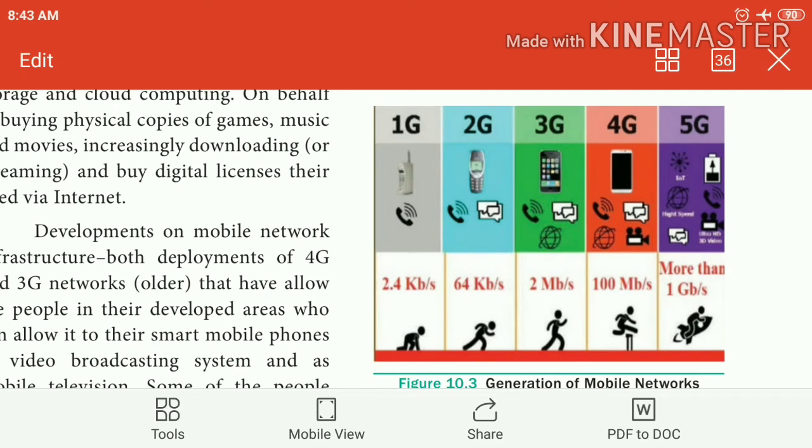So it is very easy to transmit data on a 5G network. Telecom industries are now moving to 5G so that you can transmit more data in a very short duration of time.